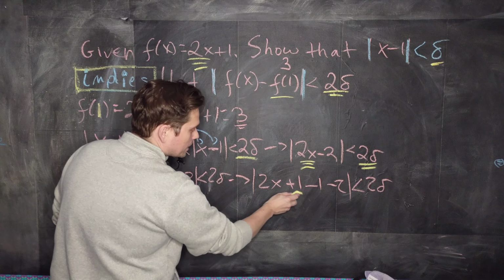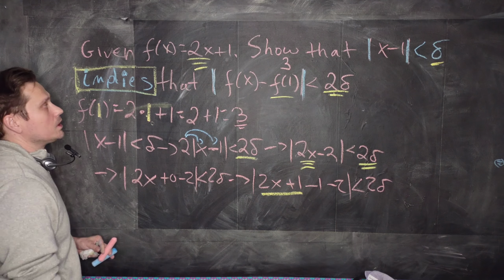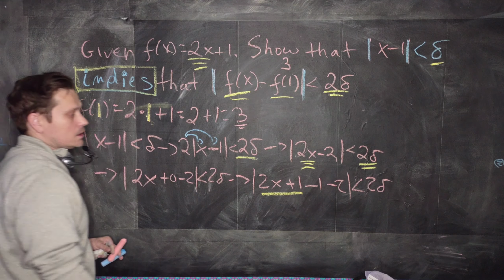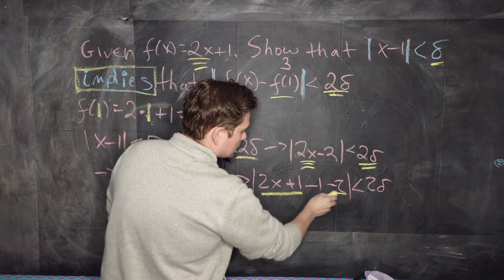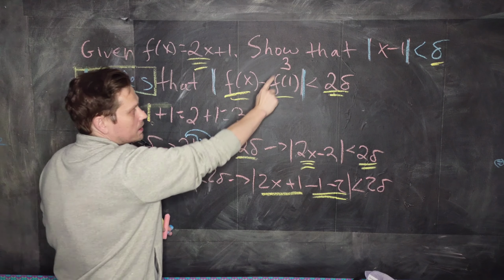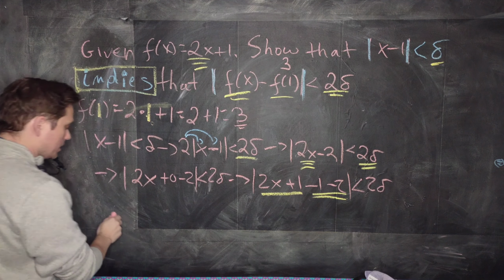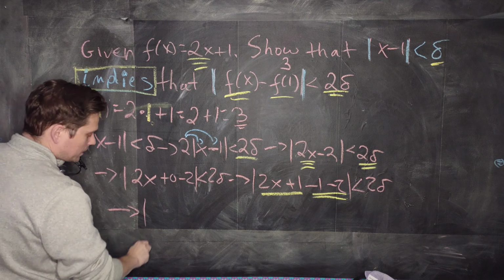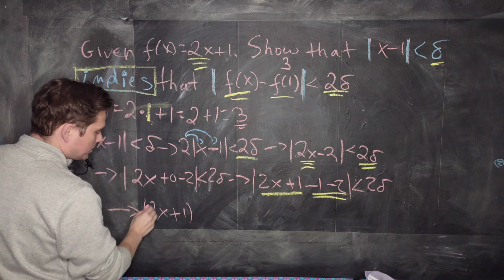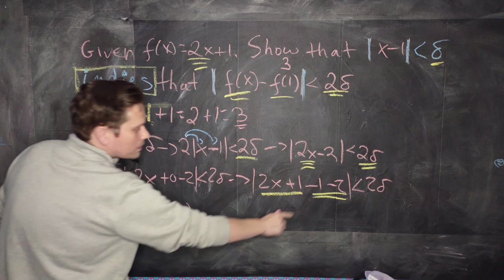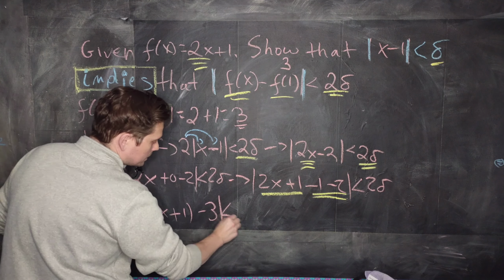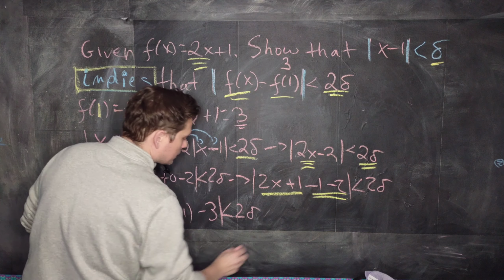Because you see, this 2x plus 1, that's just f of x right there, isn't it? And then you can group this double underlined minus 1 and minus 2 into a 3 to get a minus 3. So continuing over here, I'm going to have an absolute value 2x plus 1, let's say within parentheses just to be very clear. Group these two together into a minus 3, and this is less than 2 delta.